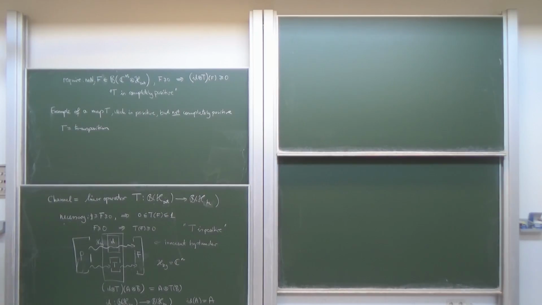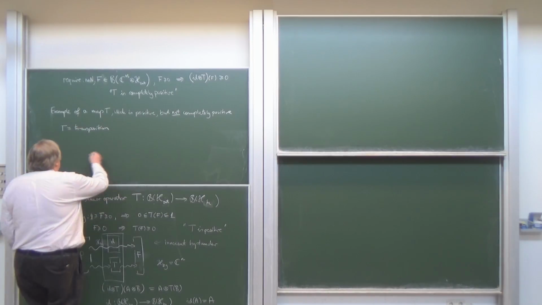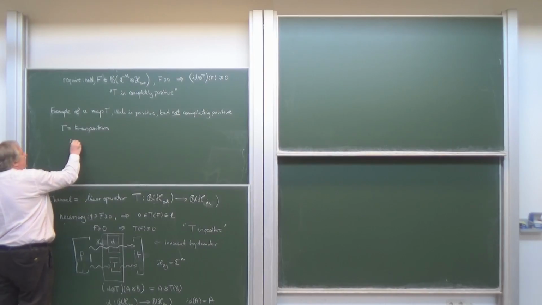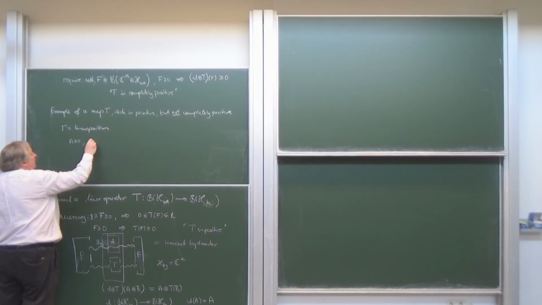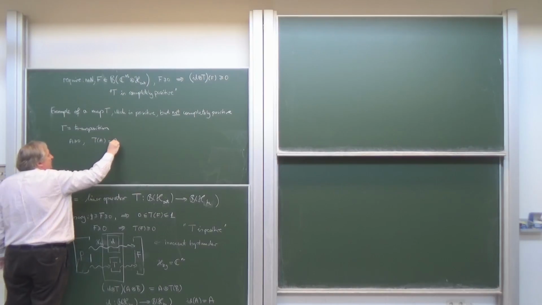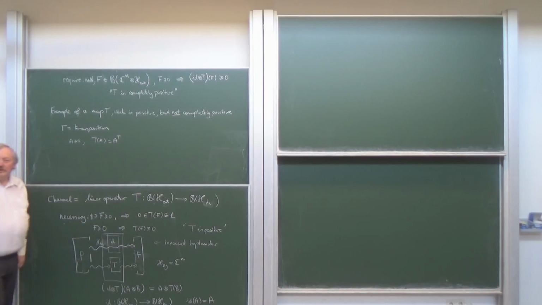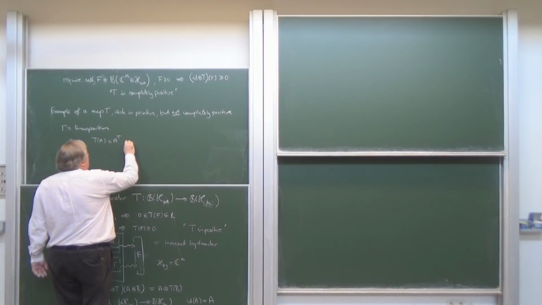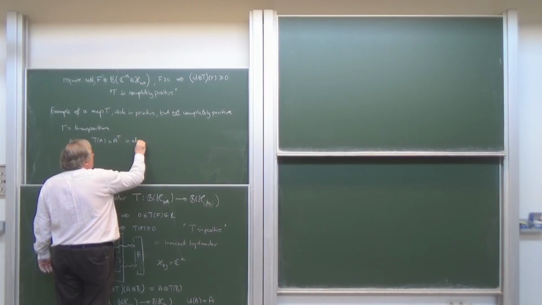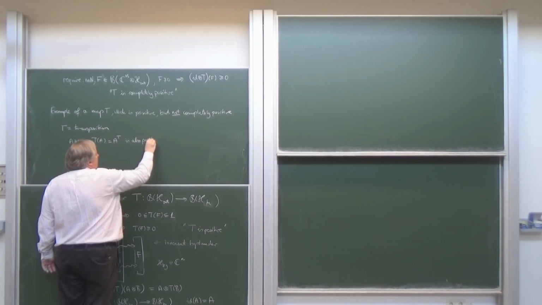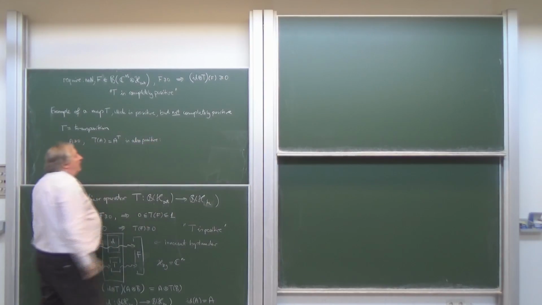First of all, if I have a positive matrix, so if A is positive, let's say, then T of A, or often also written just as A transpose, is also positive. How do I see that?